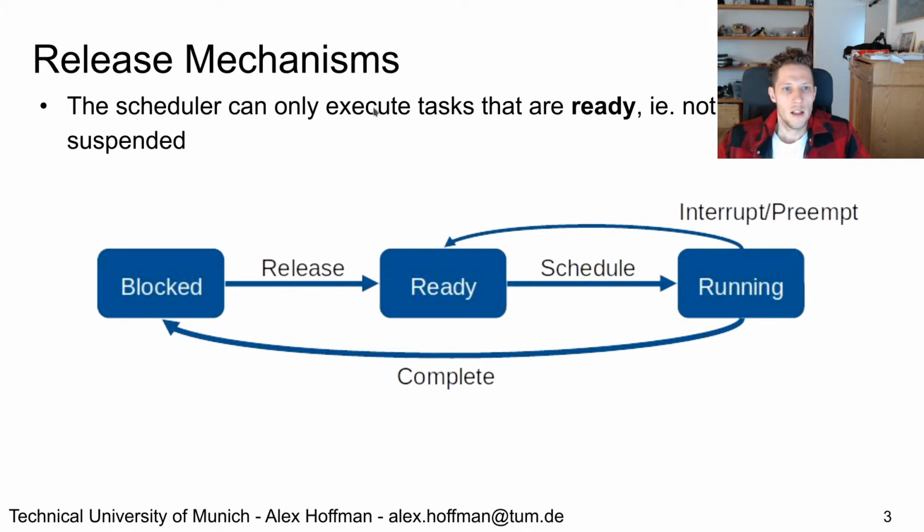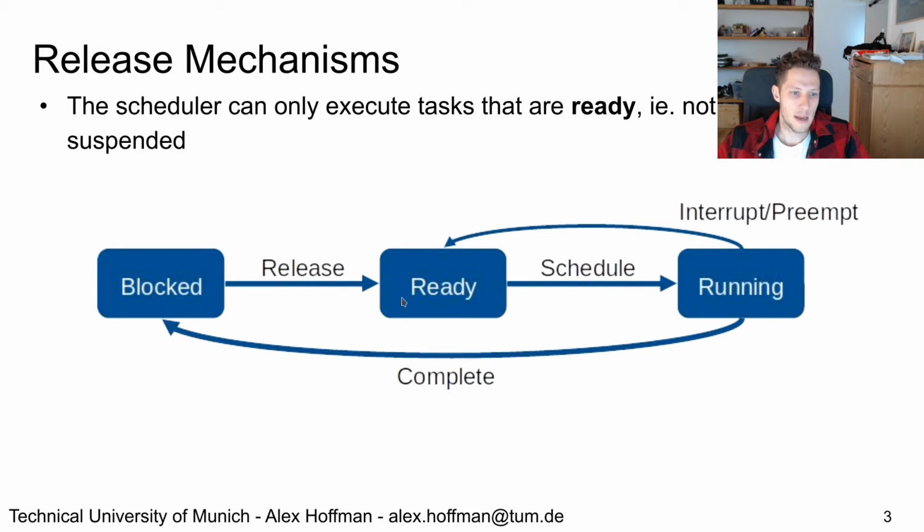So therefore, this first point here emphasizes this, that the scheduler only picks tasks that are in this ready state. And so these states, there's actually another one that we'll come to, which is suspended. But as far as actually running tasks are concerned, tasks that are active on the system, they can be essentially in 3 states.